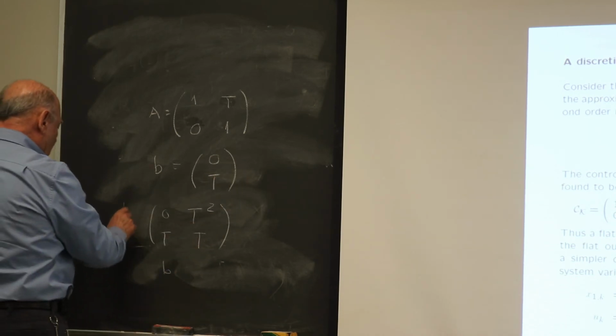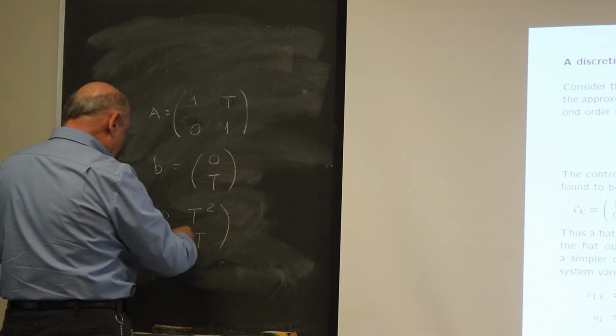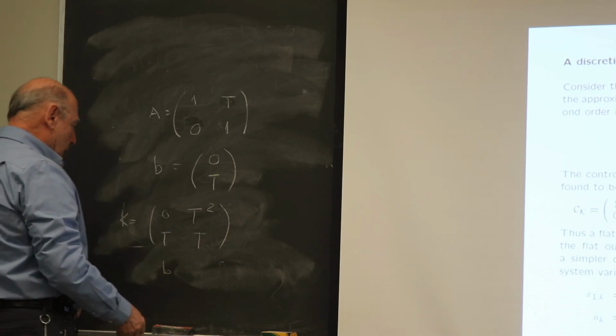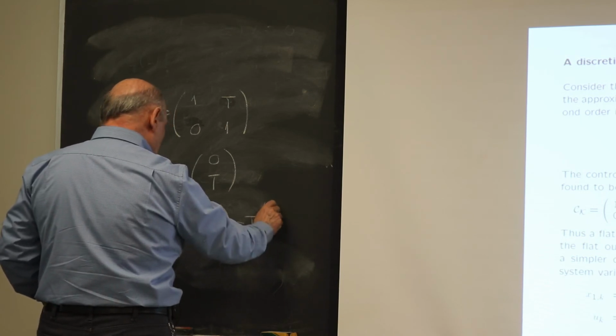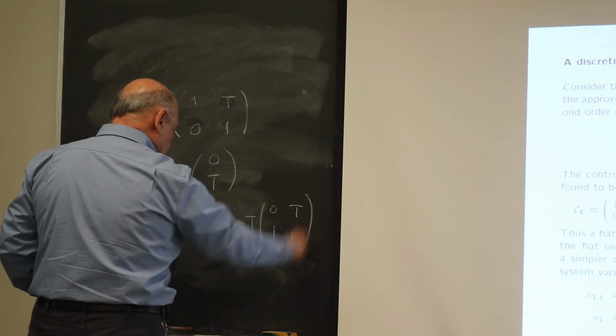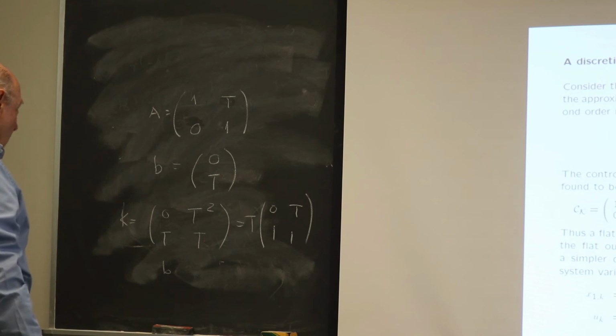So this is your Kalman controllability matrix, and you invert this matrix. You can pull out T as a common factor, and you will have [0 1; 1 1]. All right?